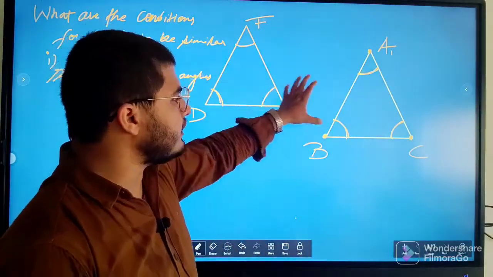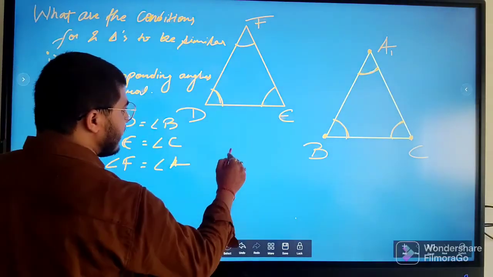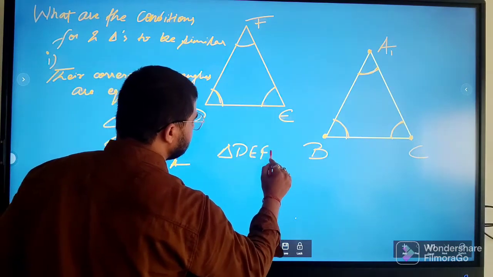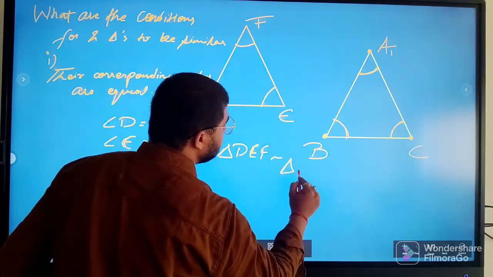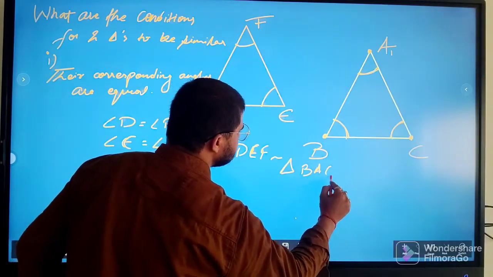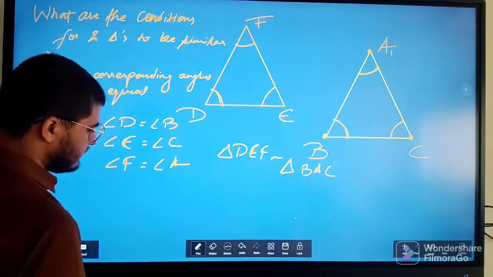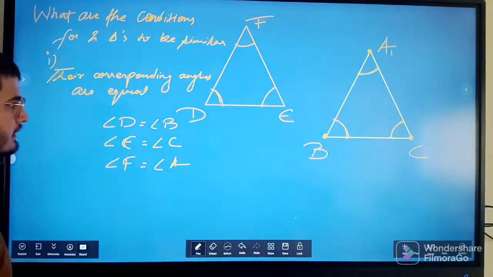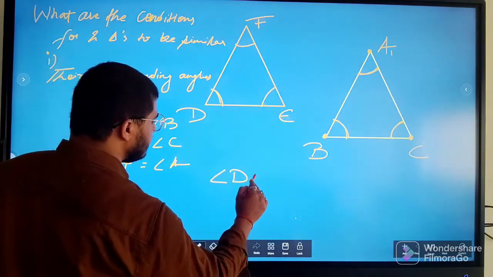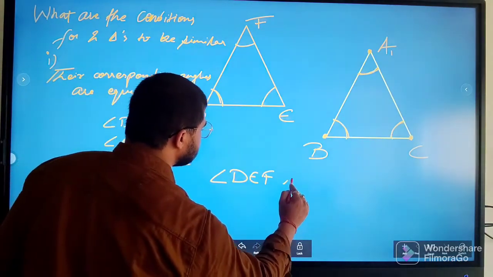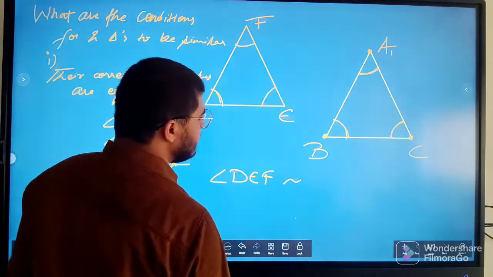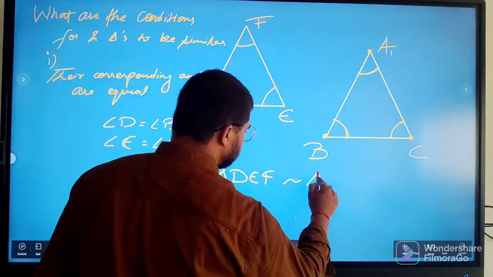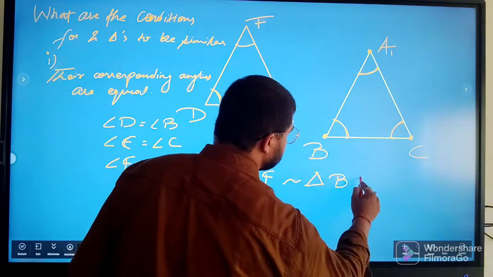Here by similarity we can say that triangle DEF is similar to triangle BAC, or we have selected the name, so we can say that triangle DEF is similar to, this is the sign of similarity, triangle, sorry, I am making it angle, triangle BCA.